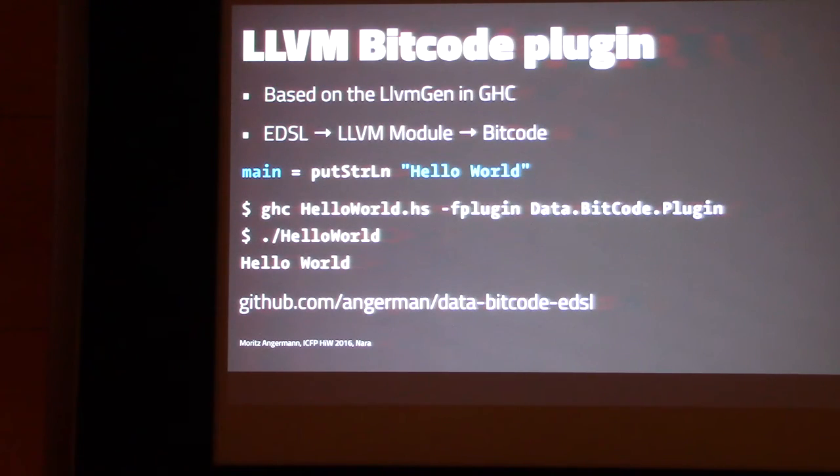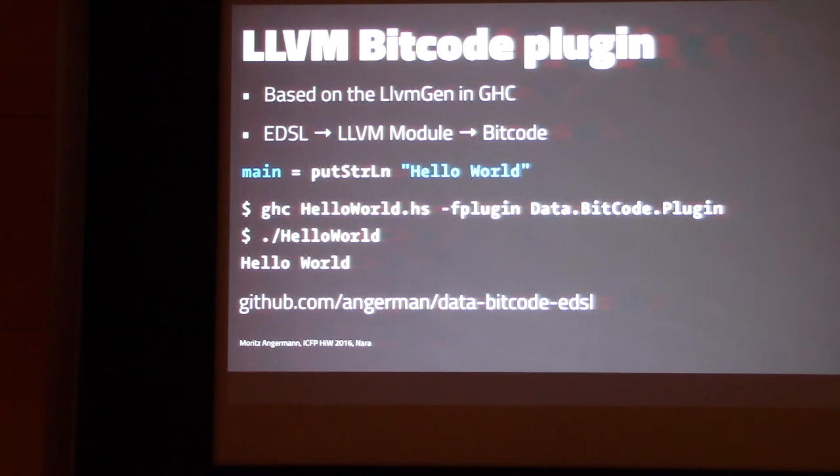So plugin. Now we have the plugin infrastructure I talked about. Well, it's not really in GHC yet, but with those changes, we can have basically a plugin that generates these bitcode files, and that works by using the same approach the current LLVM backend in GHC uses, which goes from CMM to the textual IR.